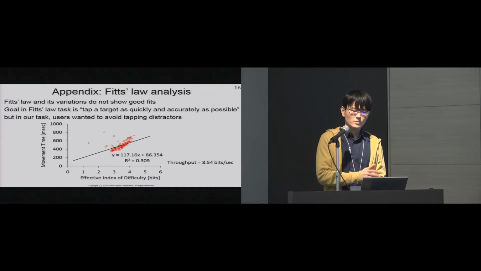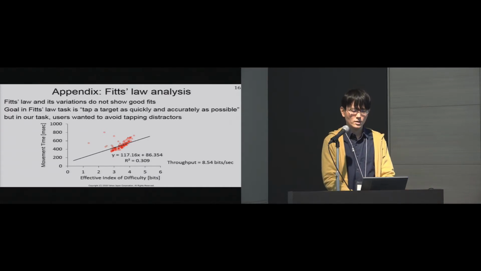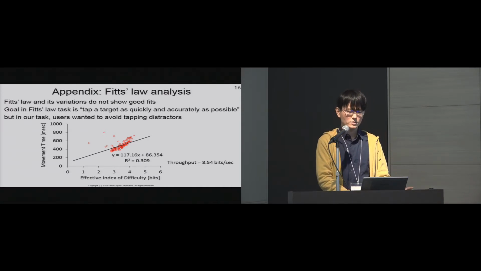In conventional pointing experiments, participants are instructed to tap a target as quickly and accurately as possible. But in our experiment, participants wanted to avoid tapping distractors.